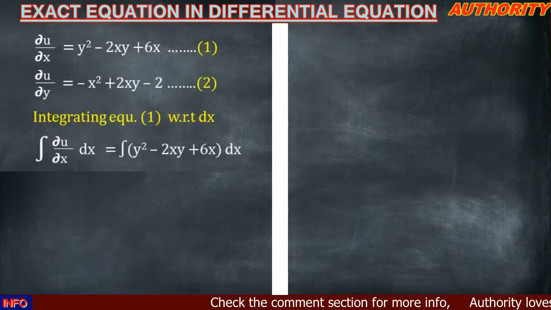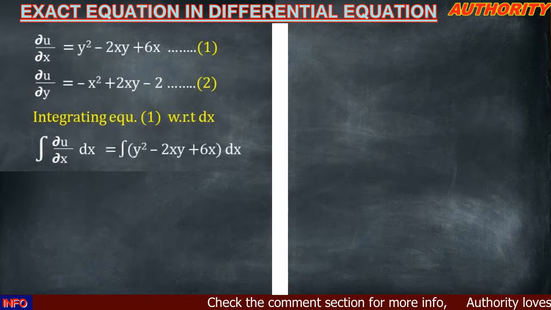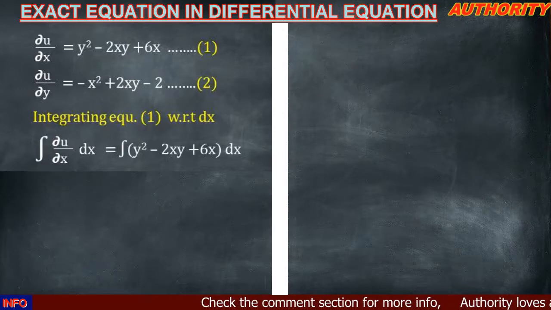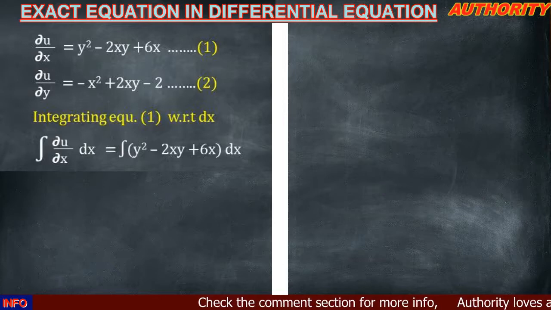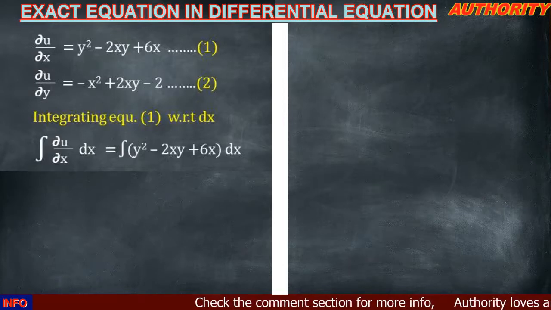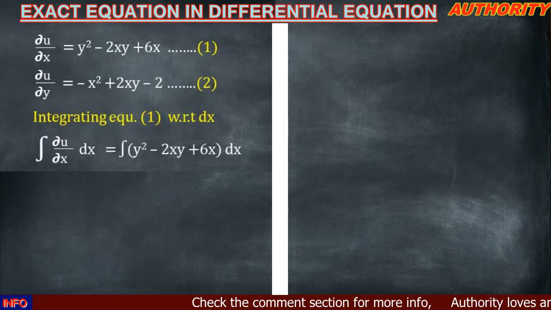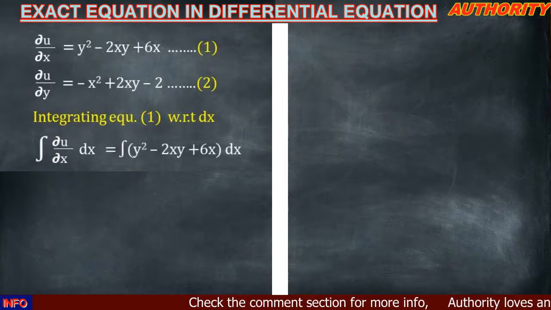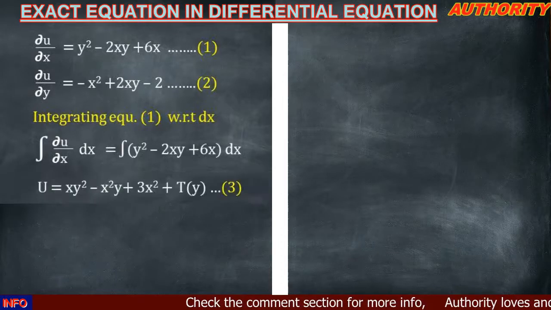Now let's go. We say the integral of the partial derivative of u with respect to x dx equal to the integral of y squared minus 2xy plus 6x dx. When we integrate the left hand side, it's going to give us u.